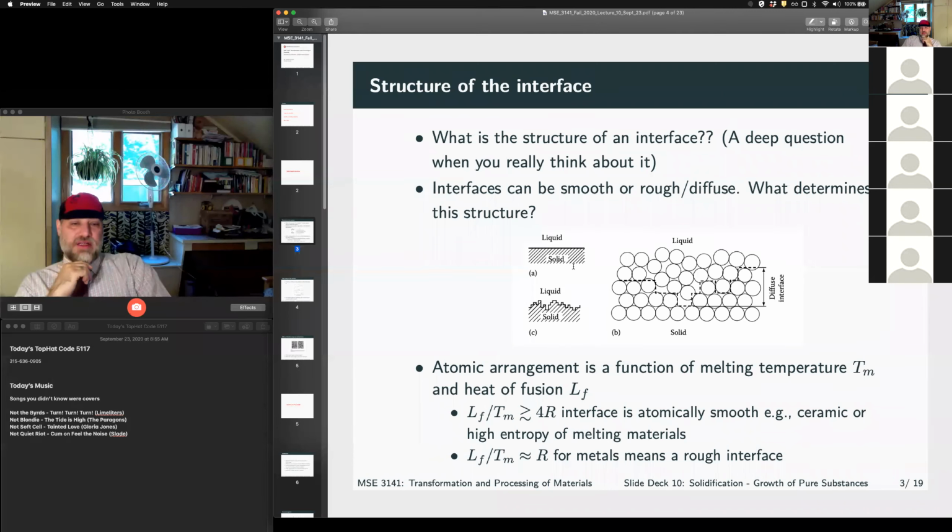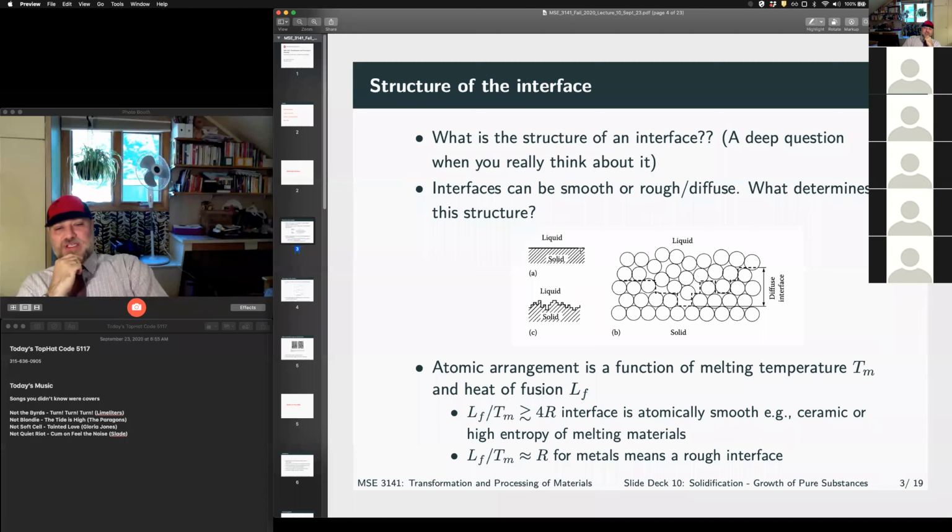And this really controls a lot of properties about the solidification. So if you think about it, this rough or diffuse interface, it's really easy for an atom to jump on anywhere to grow this forward.